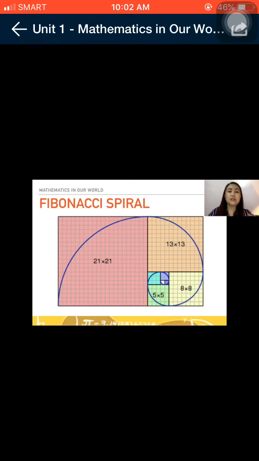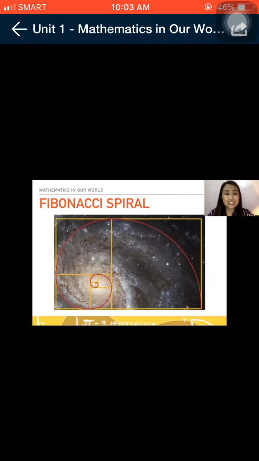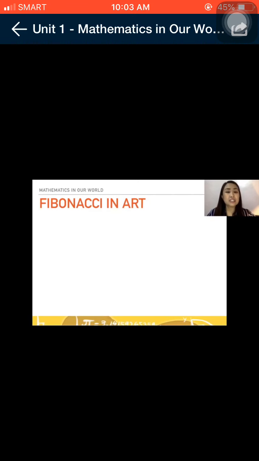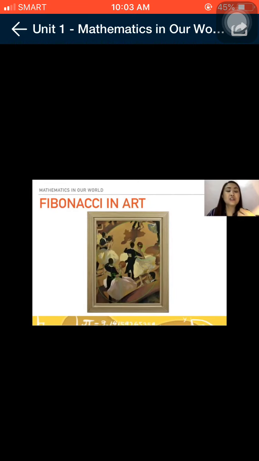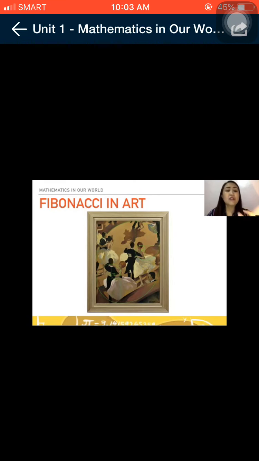Now, what's special about this spiral, again, is that it appears so often in nature. In shells, in the shape of typhoons, in the shape of galaxies. This is the shape of nature. Even in art, artists use the Fibonacci spiral to make their artwork beautiful.